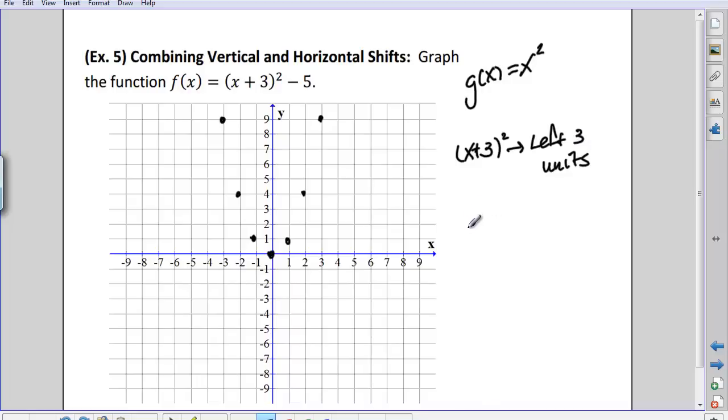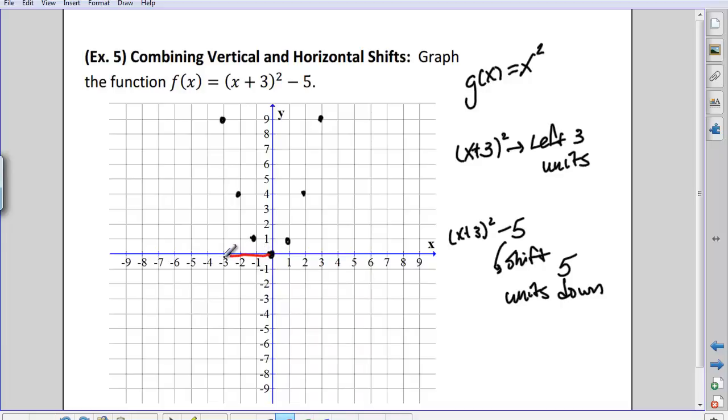And then when we do the minus 5, that part of it is a vertical shift. Five units down, right, from the minus 5 there. So what we need to do is take these points from the original function, x squared, go to the left 3 and down 5. That's basically what that says.